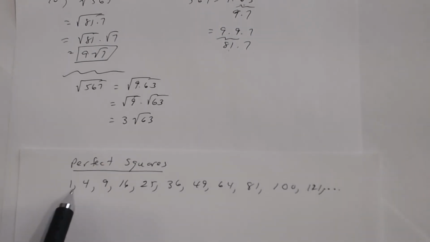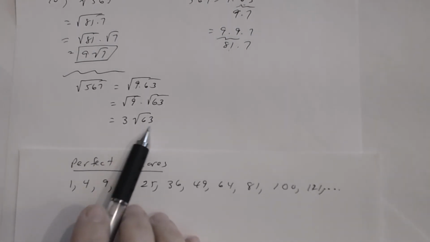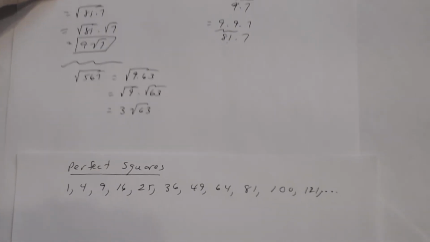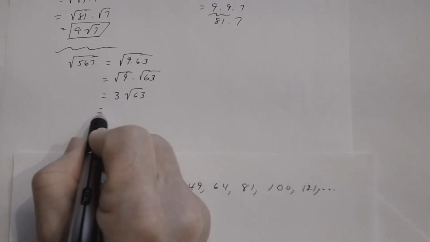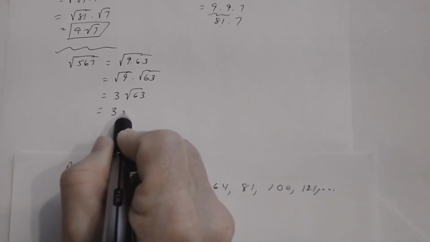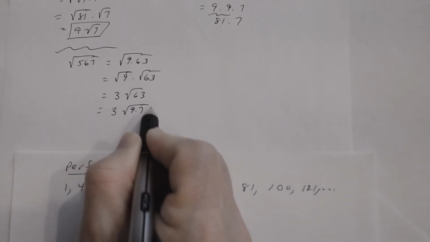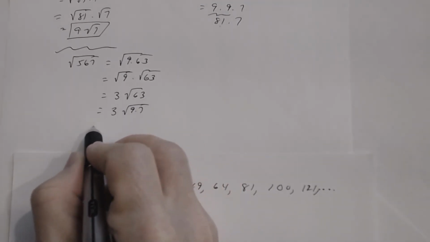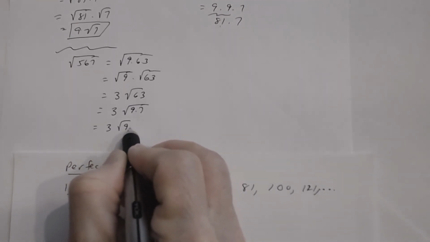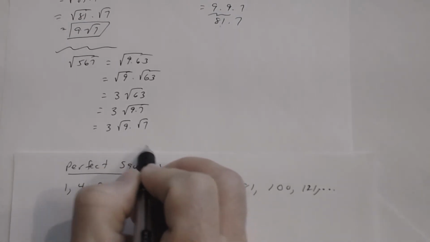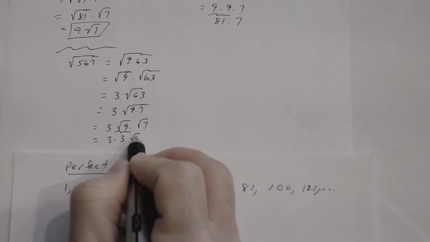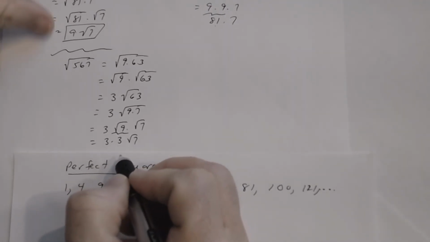And so you got to go through this process again, and there is. 9 goes into 63, so you got to go further. So now you're going to say, all right, well, that's 3 times the square root of 9 times 7. And then using the product rule again on this part, I get 3 times the square root of 9 times the square root of 7. And the square root of 9 is 3, so I get 3 times 3 times the square root of 7, and 3 times 3 is 9, and you're done.